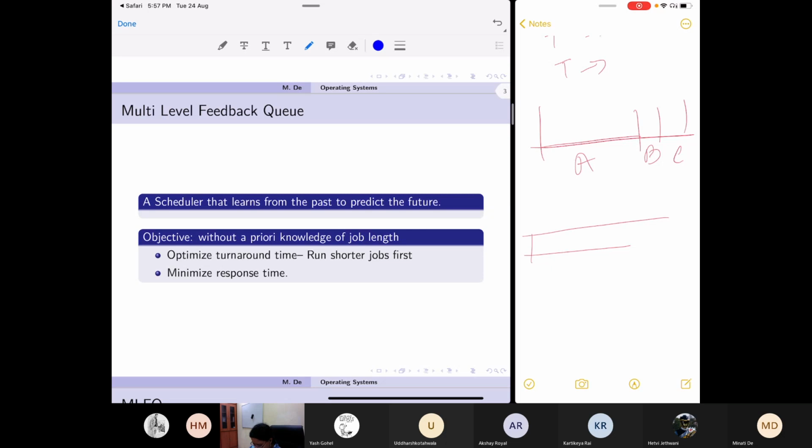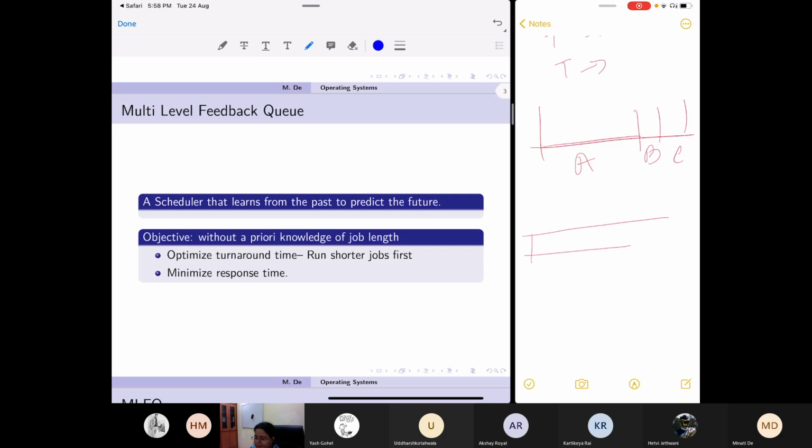So here, basically, the multi-level feedback queue maintains a list of priority queues. Initially all the jobs you have are given the same priority, say the highest priority. As I mentioned, there would be several queues with different priorities. If a job is in a higher priority queue, that job should be scheduled first by your algorithm.